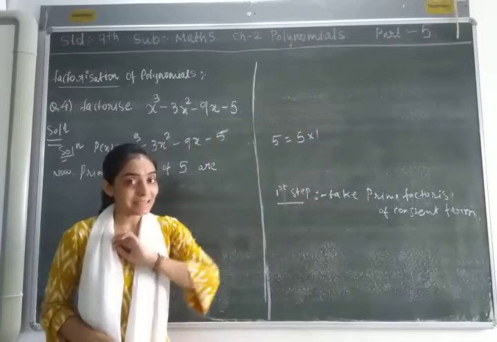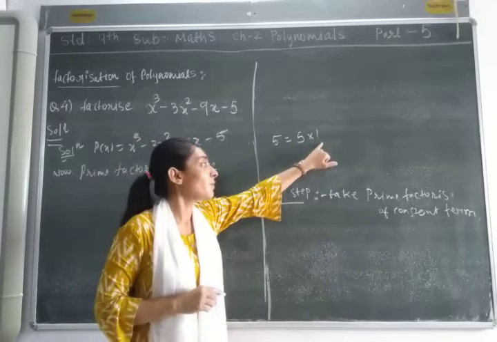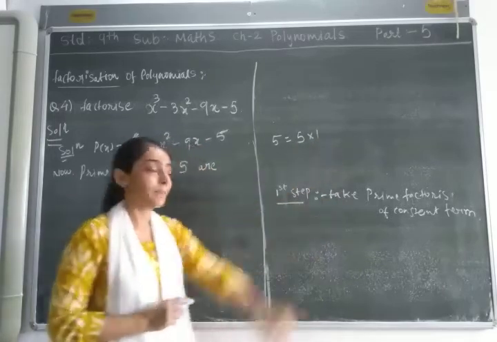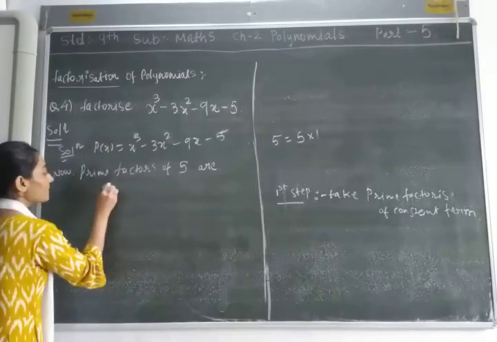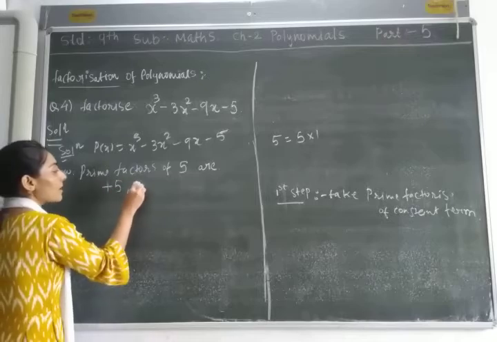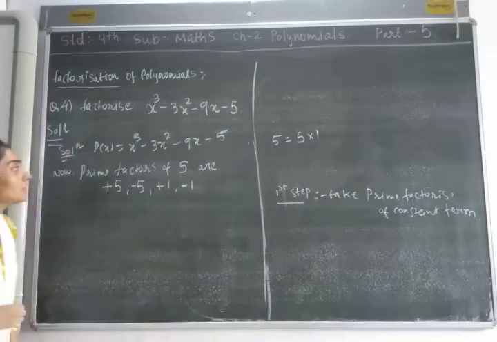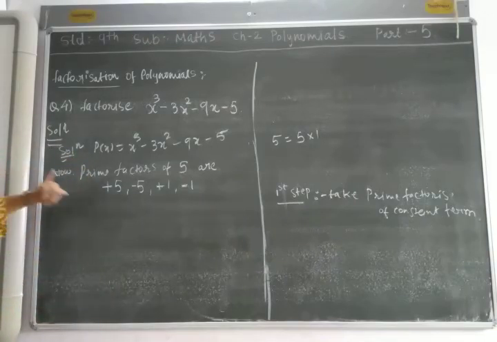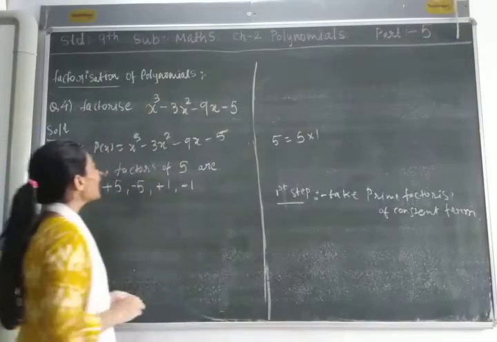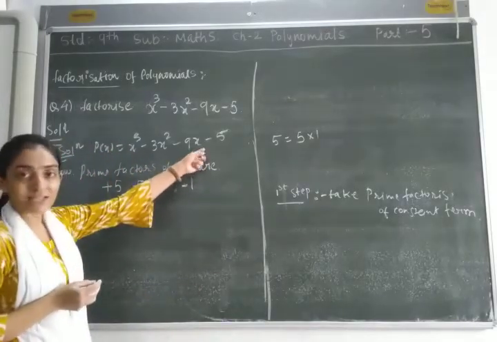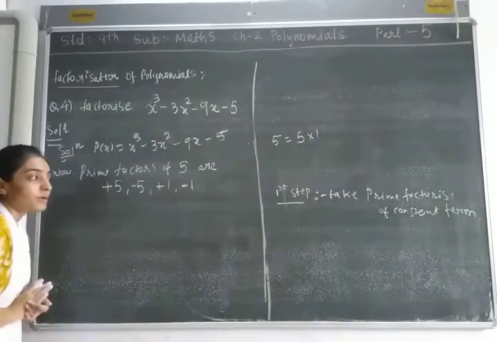There are 4 possibilities: for 5, plus 5 or minus 5; for 1, plus 1 or minus 1. So the factors of 5 are plus 5, minus 5, plus 1, minus 1. Now the next step is we take only these 4 numbers and put them into my equation.